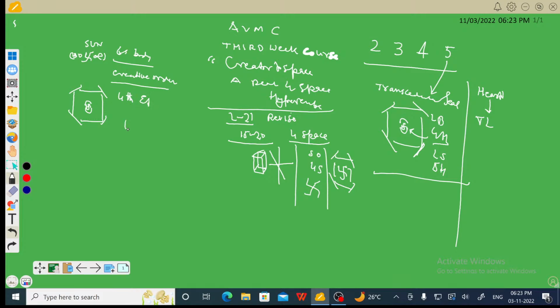So 4 space is having 5 space as origin, and 5 space is having 6 space as the origin, and a step ahead, 6 space is having 7 space as an origin, and it is at the seat of Surya, sun. It is pole star.